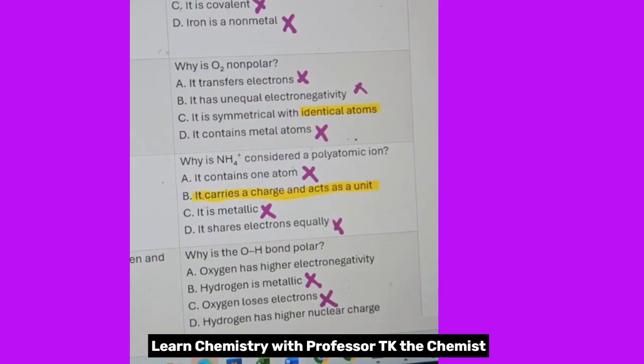And although we did not talk about this before, yes, oxygen has a higher electronegativity. I'll delve a little deeper into electronegativity later on, okay? Yes, it has a higher electronegativity value.